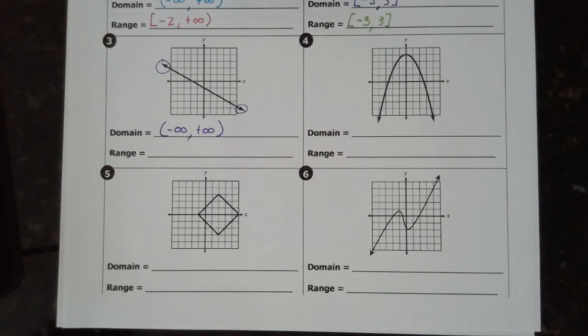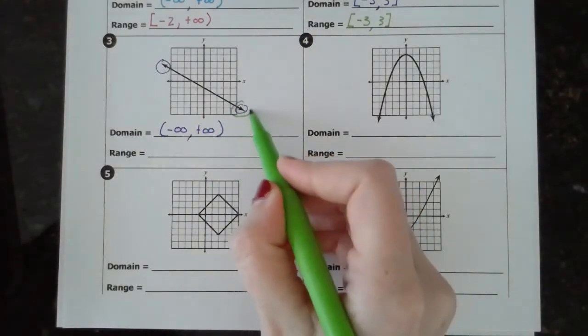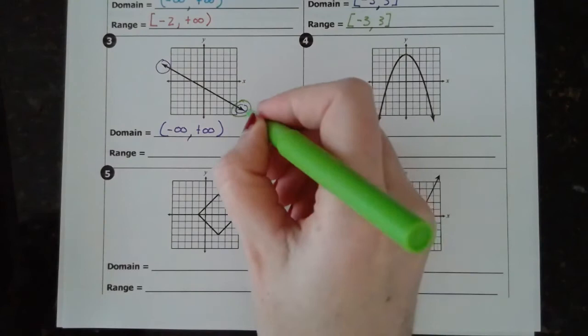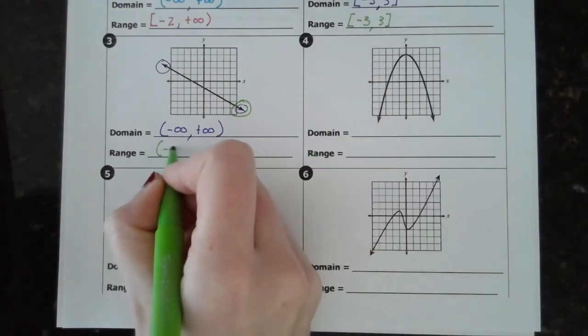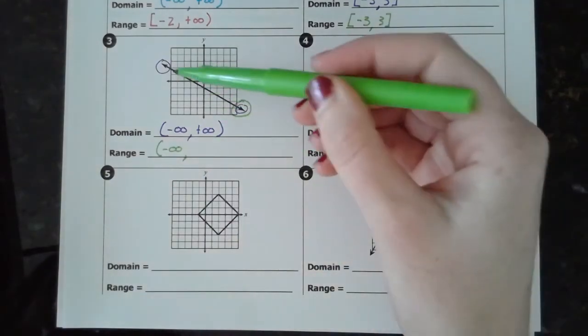Alrighty. So now we're going to take a look at our range. And for our range, we start from bottom to top, so we're going to go up, up, up, up, up. And oh my gosh, it starts here or here. It does not matter which one you use because they're the exact same number. 1, 2, 3. See? 1, 2, 3. They are both starting at -3, and since I was able to make that point on it, I'm going to put -3.